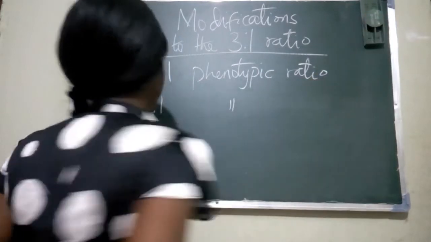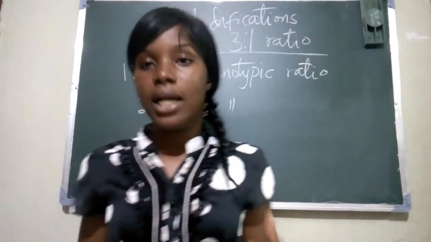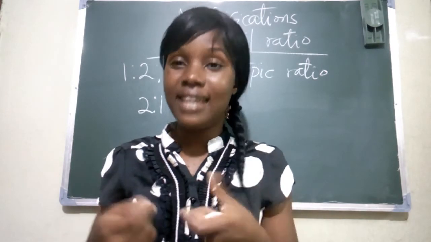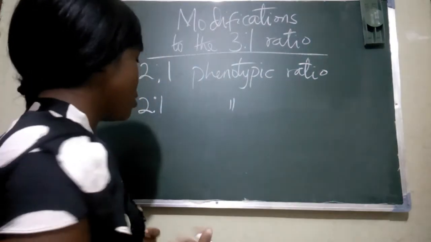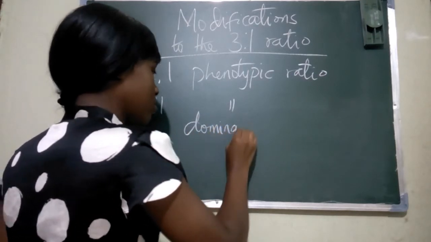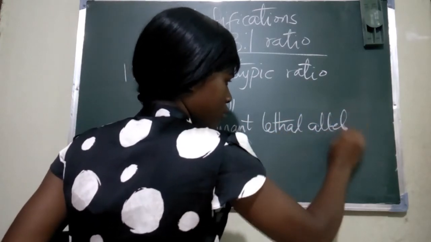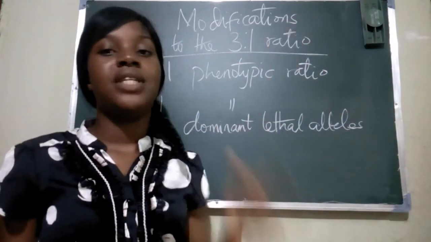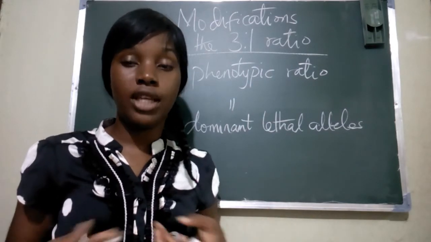I'll be going to the 2:1 phenotypic ratio. What causes this modification is usually lethal alleles. That is, alleles that kill or cause the death of the individual carrying them. Most times, dominant lethal alleles cause the death of the individual mostly before they reach childbearing age or sexual maturity.